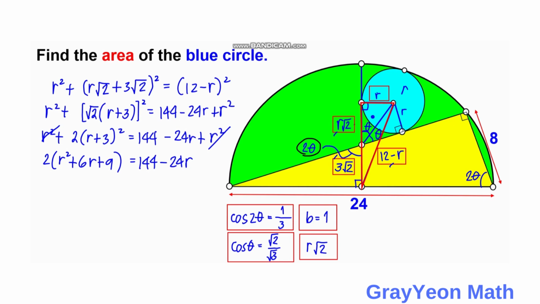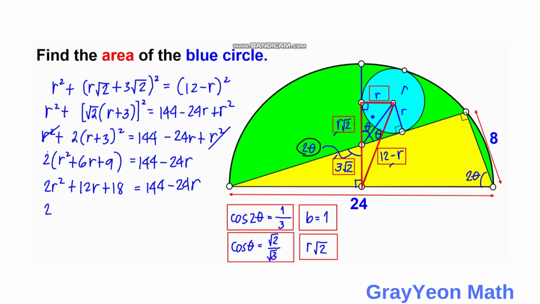So this becomes 2R squared plus, we just simply distribute, 12R plus 18, is equal to 144 minus 24R.